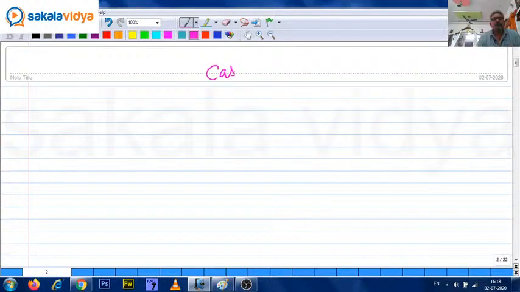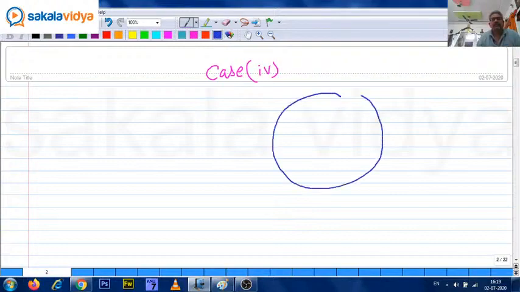Case 4. For example, you take a circle like this, a bigger circle, and you take a smaller circle. Both intersect at 2 points.